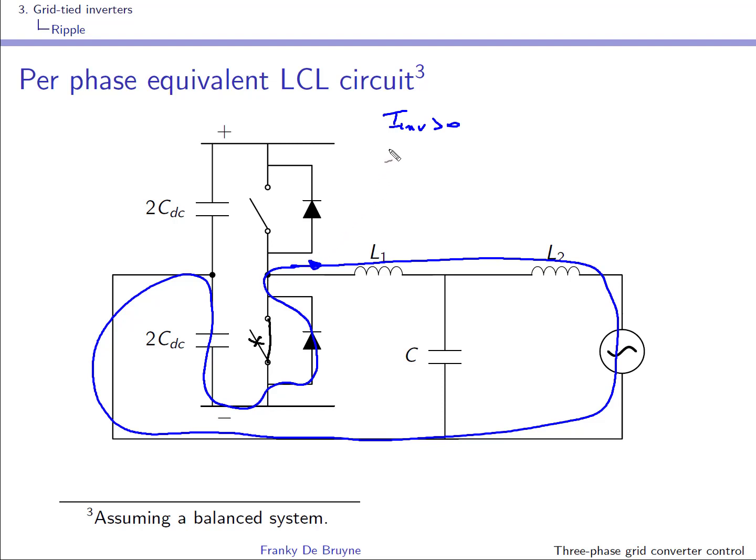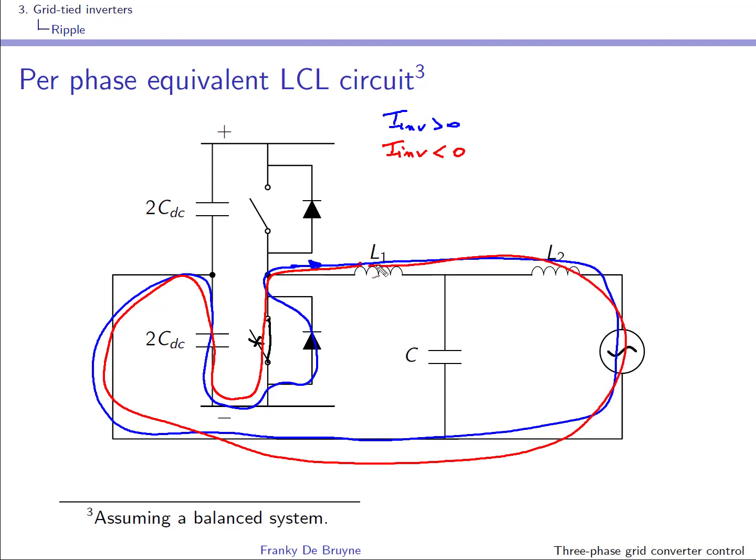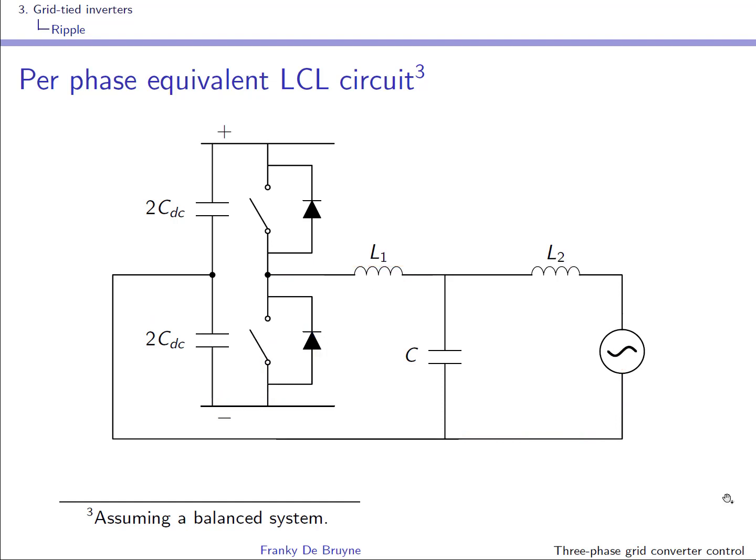If the current is negative, it will flow towards the inverter and it will flow through the bottom transistor, and this is the path of the current.